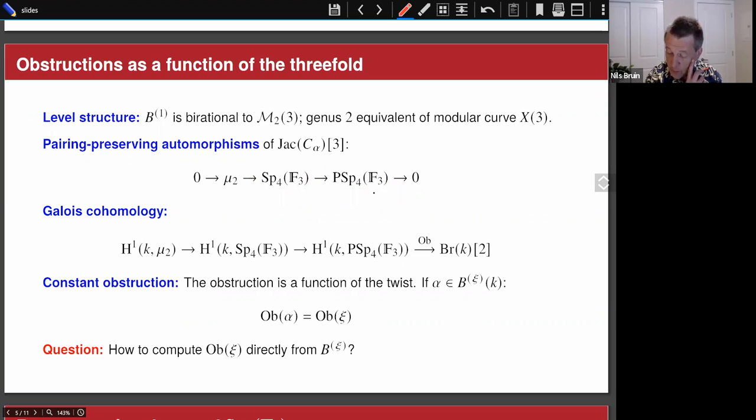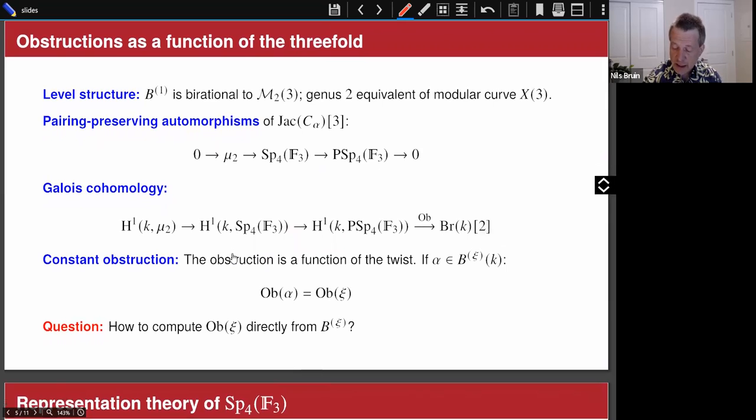So if you take Galois cohomology of that sequence, if you give yourself a cocycle taking values in PSP4, then you have a map to the Brauer group. We call it again an obstruction map, and only if that is trivial can you lift your twist to something that actually corresponds to F3 or to SP4.